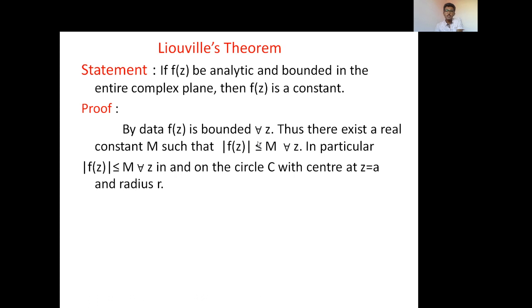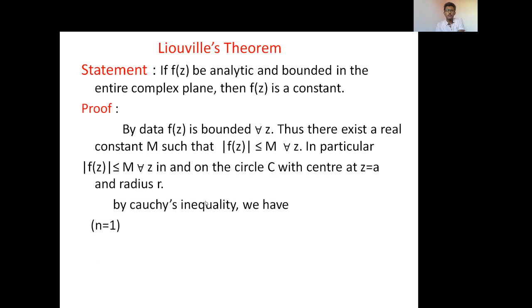Since f(z) is bounded in the entire complex plane, if we take any circle C with center a and radius r, then on and inside that circle |f(z)| is less than or equal to M. So f(z) is bounded on this circle.